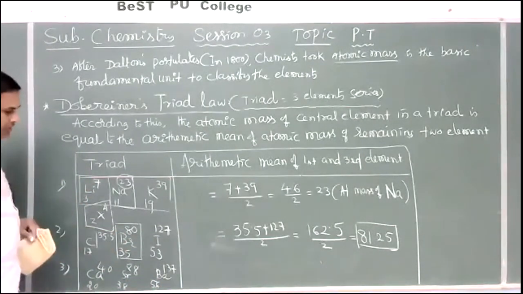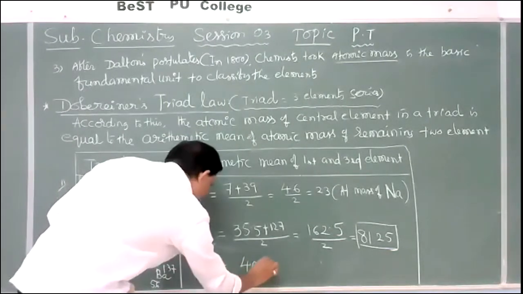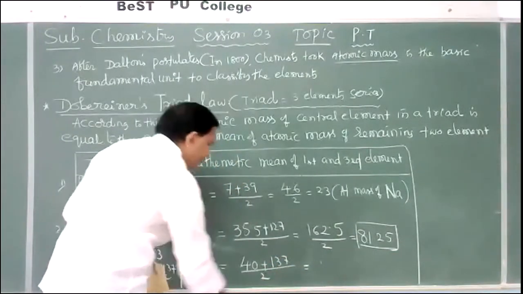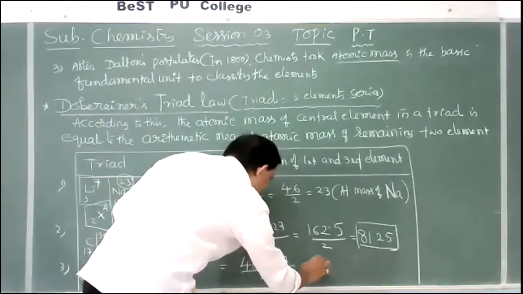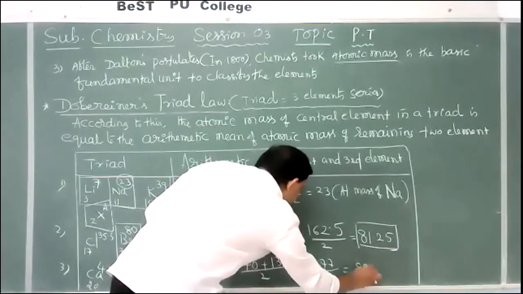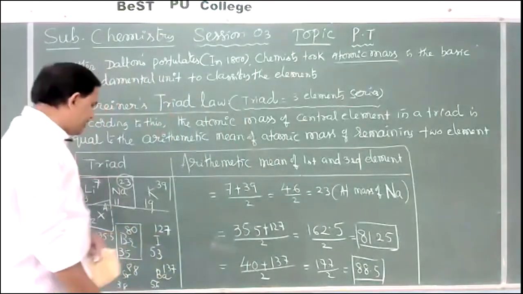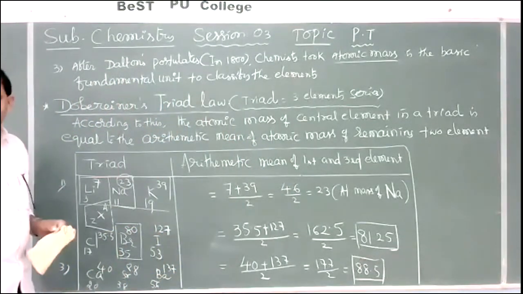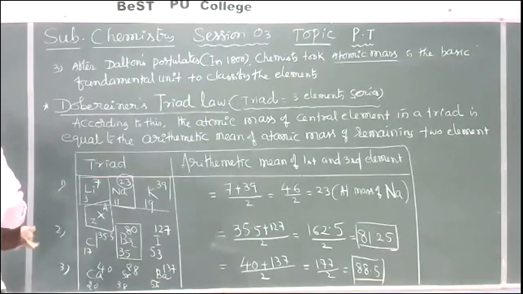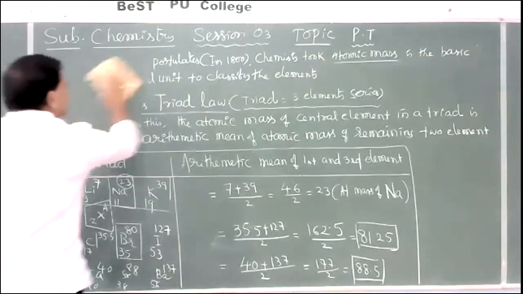So these are the three important series: 40 plus 137 divided by 2, that is equal to 177 divided by 2, that is nearly 88.5, the atomic mass of the middle element, nearly strontium. So he succeeded in explaining all these series, but for some elements, the triads series failed.